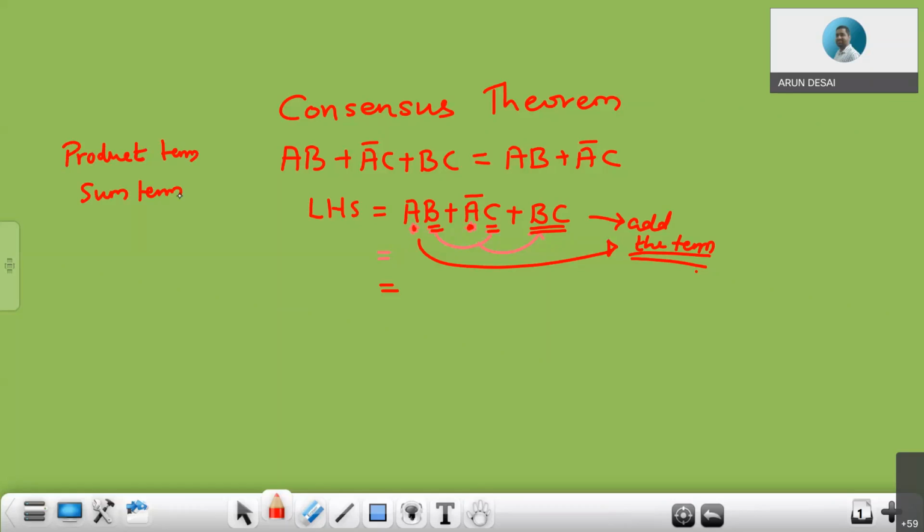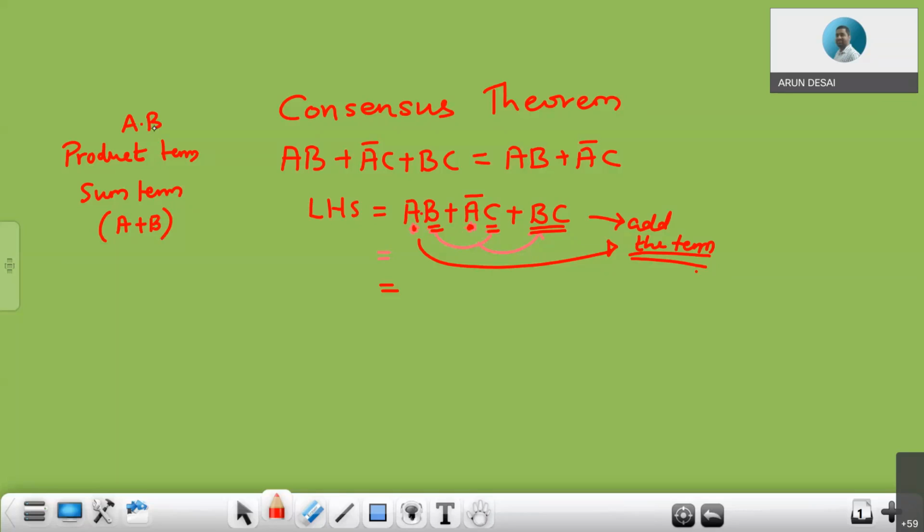Product term means the variables are separated with AND gate, and sum term means the variables are separated with OR gate, right? In product term, it is with AND gate.